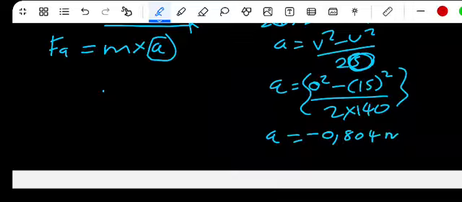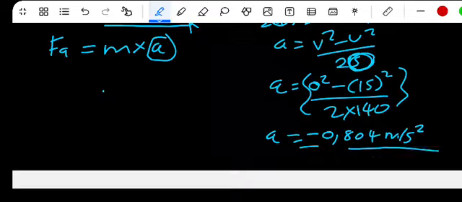0.84 meters per second squared, obviously, since it's acceleration. So this is negative.